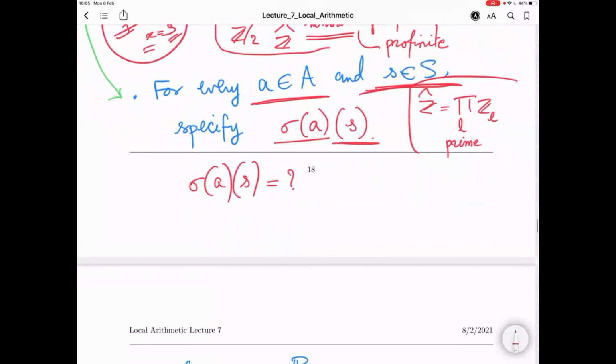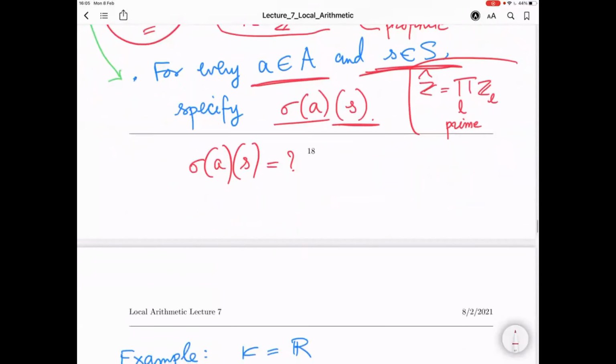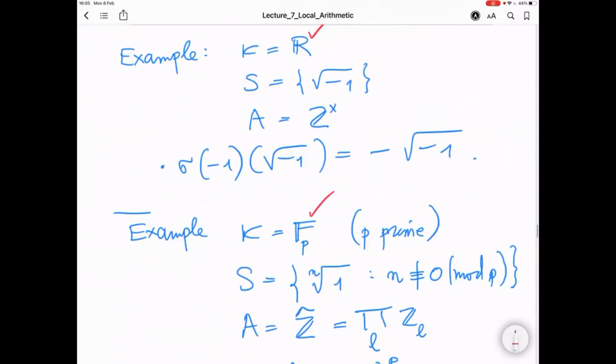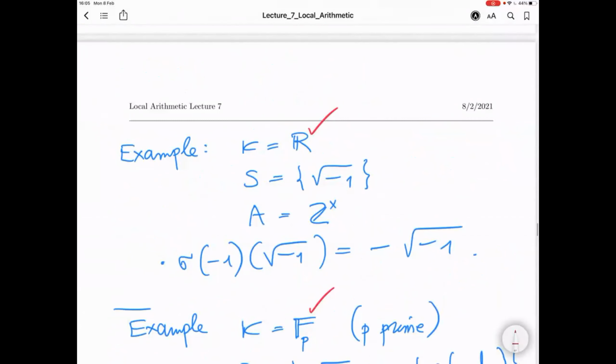You would like to do it for arithmetically interesting fields. And arithmetically interesting fields are the field R of real numbers, the finite fields FP. So here are the answers for these two cases. And perhaps these are the only cases essentially where we can give a simple answer, apart from one or two other cases. So if K is equal to R, then you can take S to be just one element, square root of -1. And you can take A to be Z mod 2.